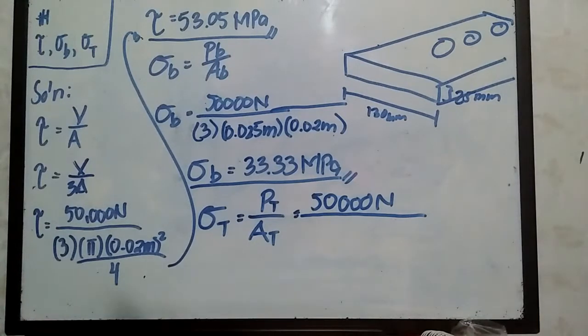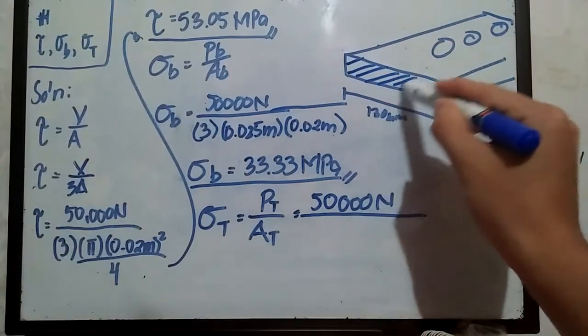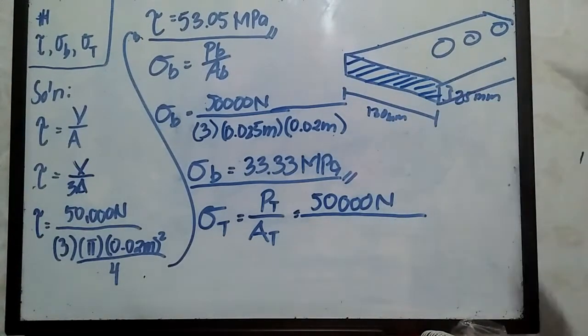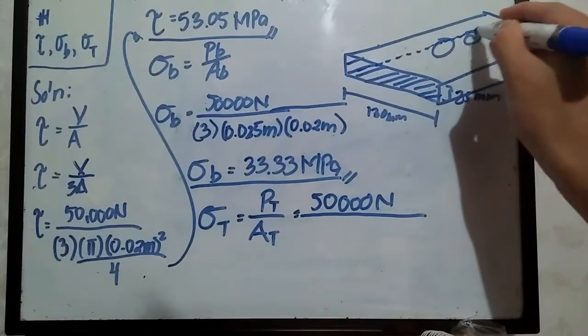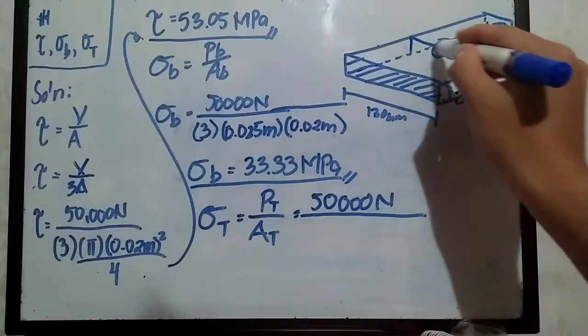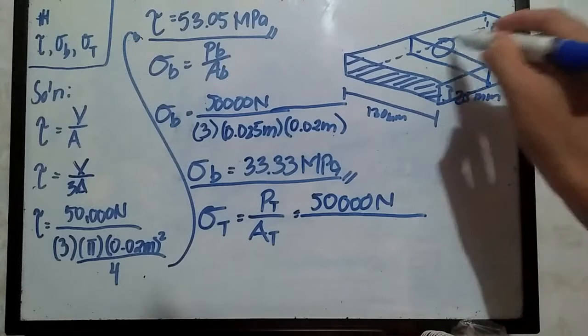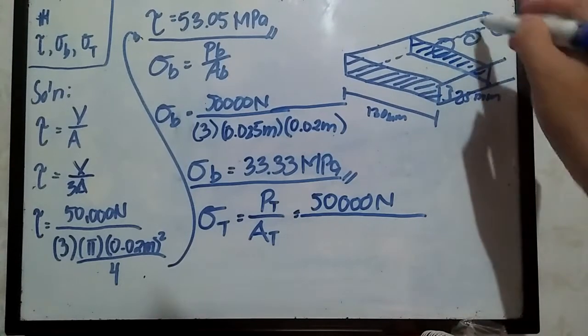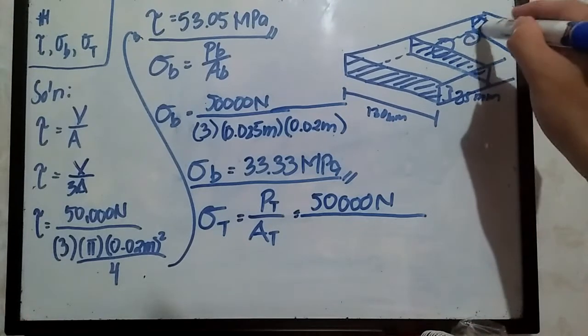If that is a tensile stress, it should be acting perpendicular to our cross-sectional area. So what would be that cross-sectional area? Obviously it would be this one. This would be our area of influence.